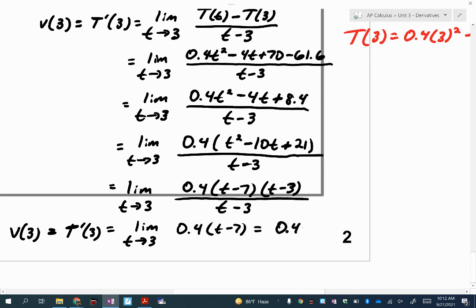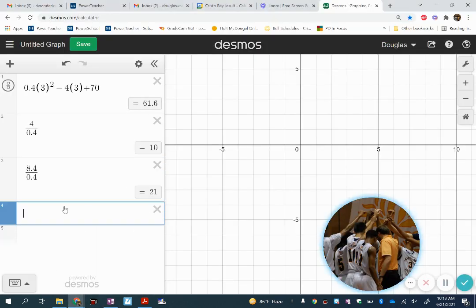So if I plug in my 3, I get 3 minus 7, and this is equal to negative 4 times 0.4, which you probably know the answer, but I'll plug it in just all the same in case you need to see it.